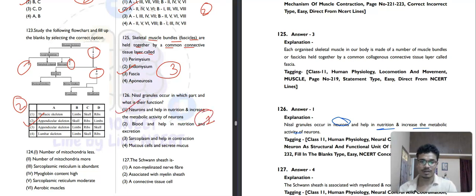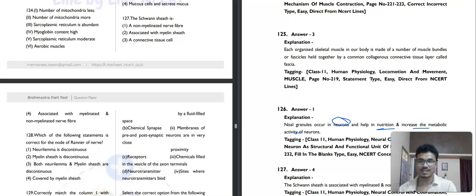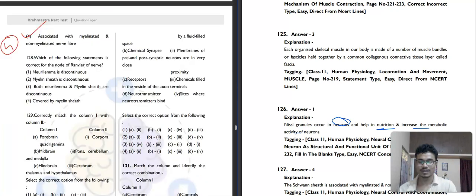Then question number 127. The Schwann cell is associated with myelinated and non-myelinated both types of nerve fiber. They have different names in myelinated and non-myelinated nerve fibers.